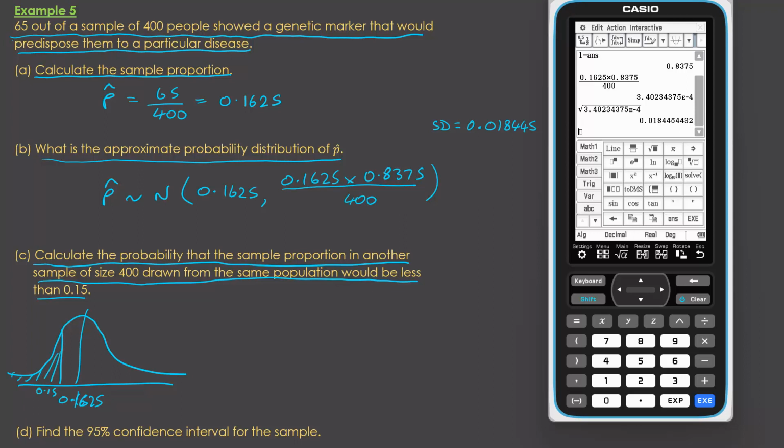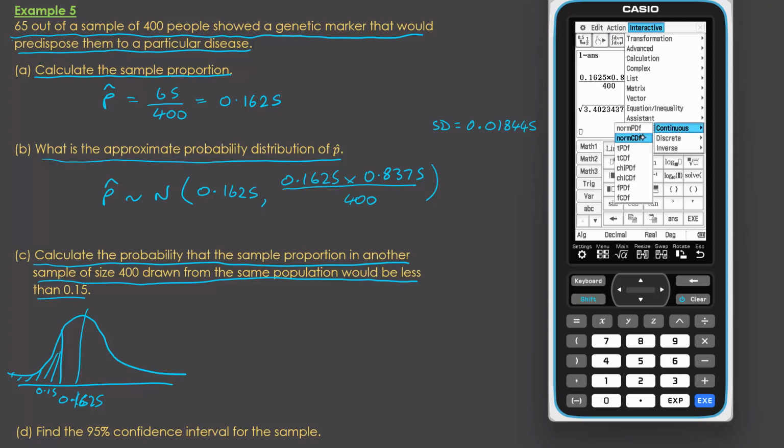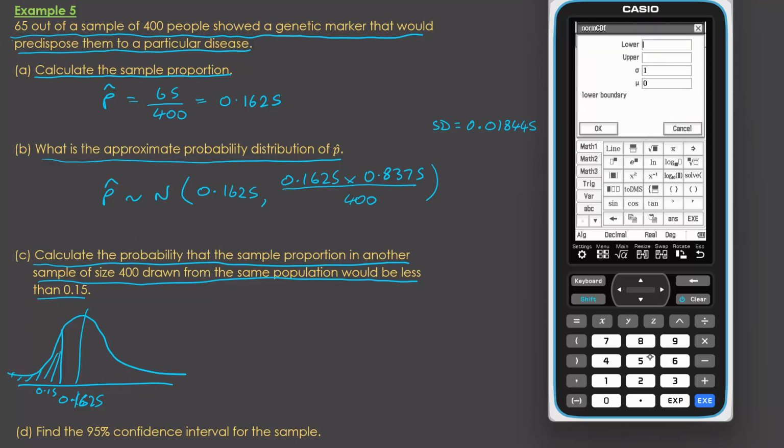So it's just a normal CDF. So we're going to go interactive, distribution, continuous, normal CDF. Lower, well, we could make that negative infinity or some small number. And the upper is 0.15.